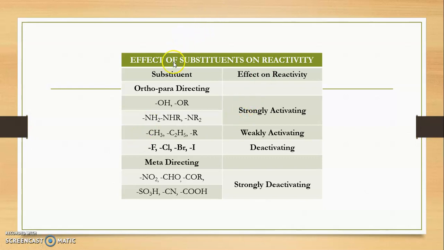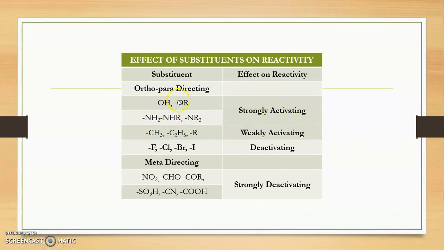For example, if we consider different ortho-para directing groups like the hydroxyl group, alkoxy group, and amino groups, that is the primary amino group, secondary amino group and tertiary amino group, all these groups are strongly activating.